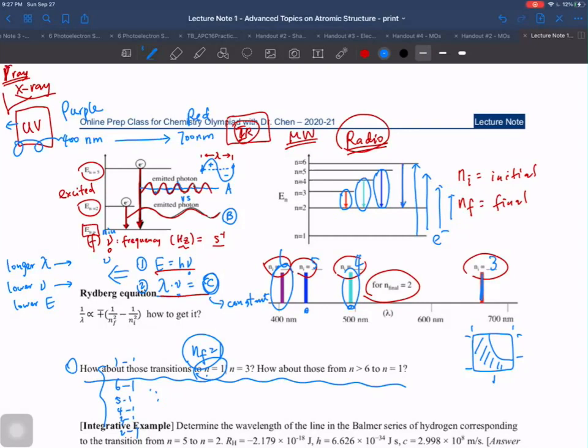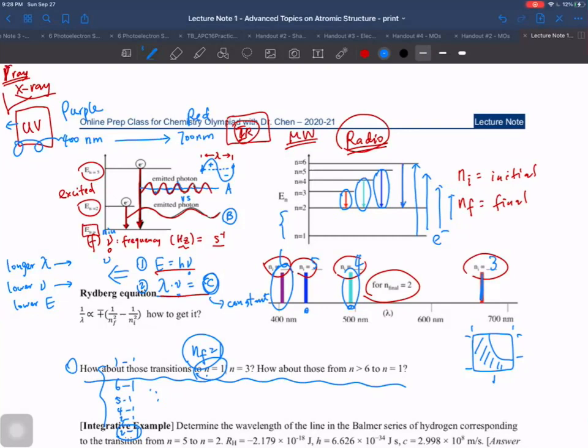Because that's going to be the most energy. There are more levels, so it has the most energy. Yeah, the energy gap between n equals 1 and n equals 2 is the biggest, right? So even 2 to 1, the smallest energy gap for n final equals 1, is already enough to make the transition into the UV range.